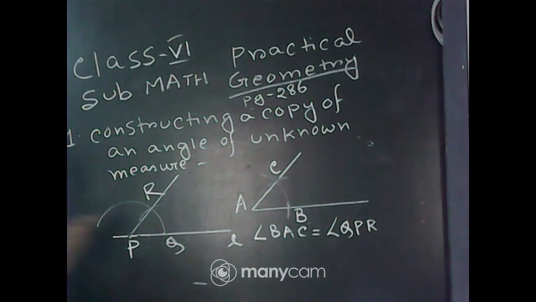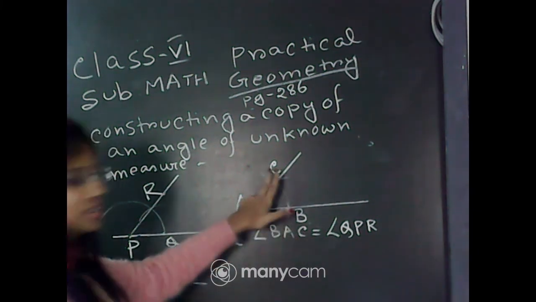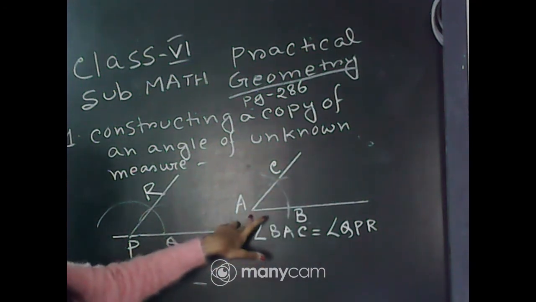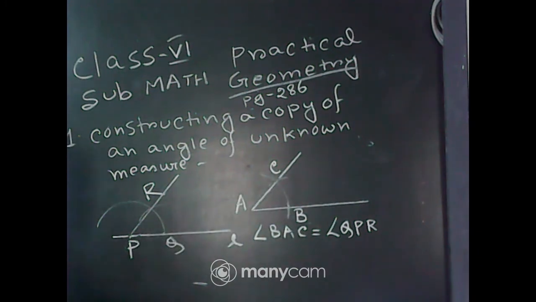With the same compass setting, we draw an arc with P as center. Now, set the compasses to the length BC with the same radius.